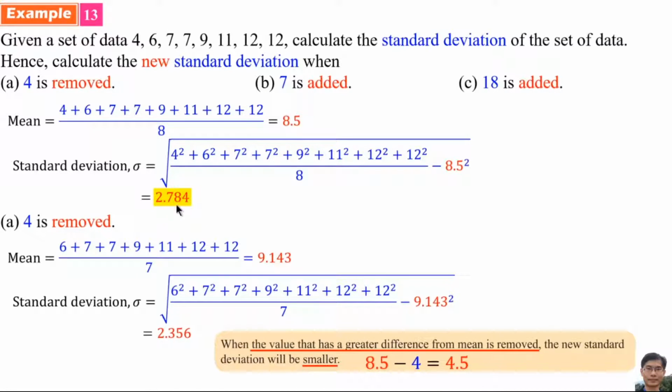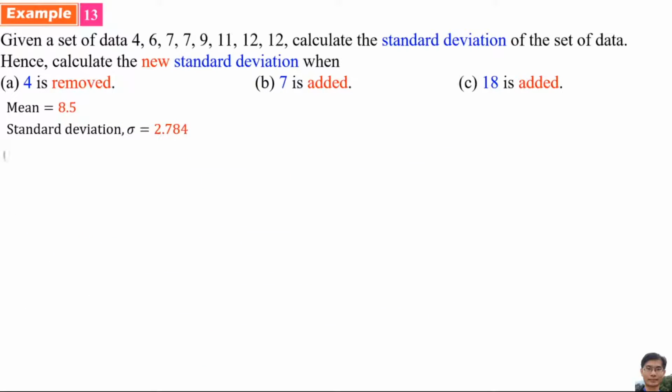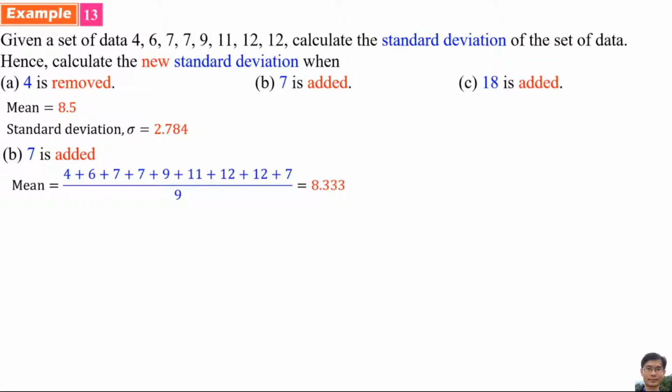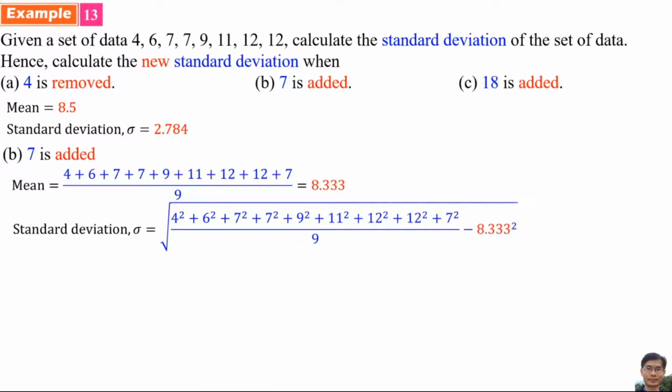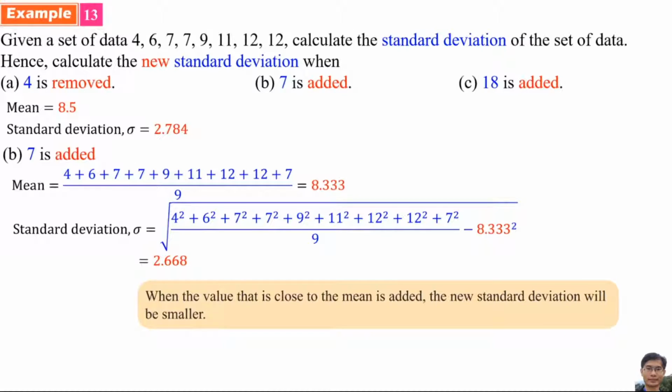Let's see. Original standard deviation is 2.784. The new standard deviation is 2.356. It clearly becomes smaller. B. 7 is added. So the mean becomes 8.333, and the standard deviation becomes 2.668. When the value that is close to the mean is added, the new standard deviation will be smaller.